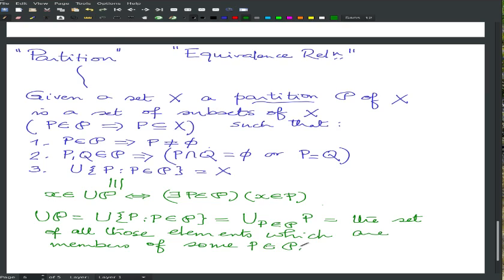So the idea is exactly the same. You now have a bigger bag.